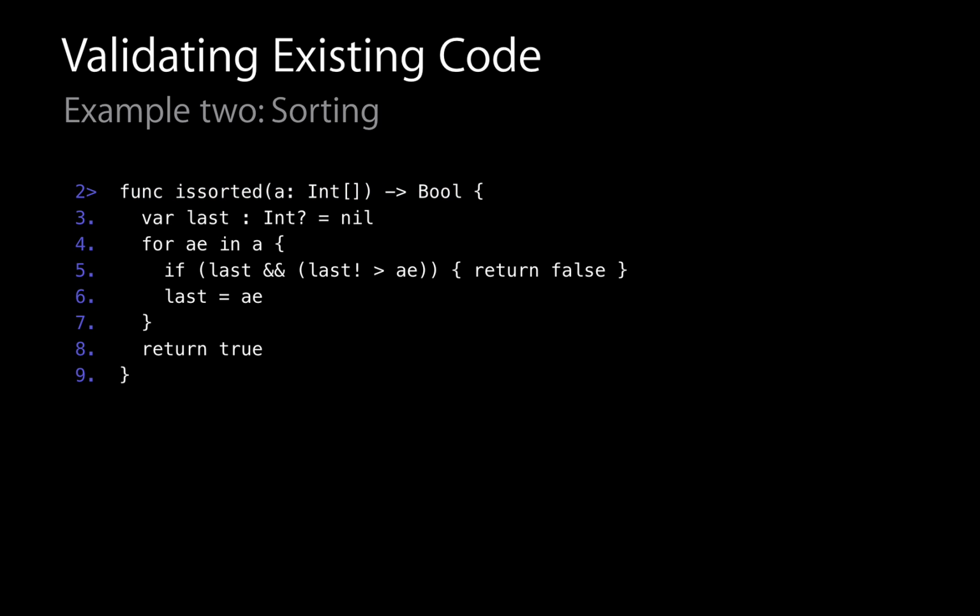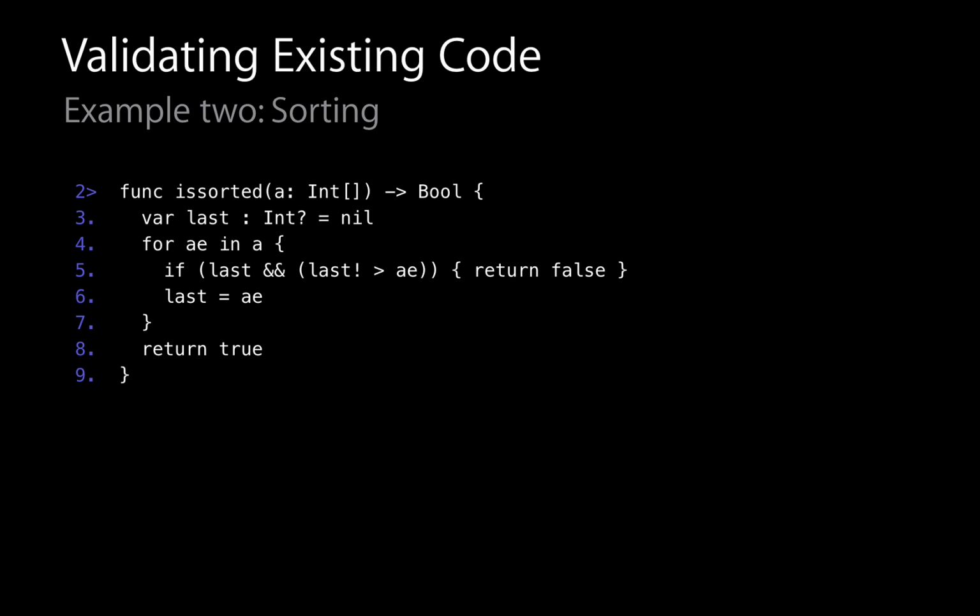Let's write a function that checks whether an array is sorted. In the REPL, we start defining a function called isSorted. The notion here is we're going to keep track of the previous element that we saw of the array, and for each element in the array, we're going to check, is it indeed greater than or equal to the previous element?